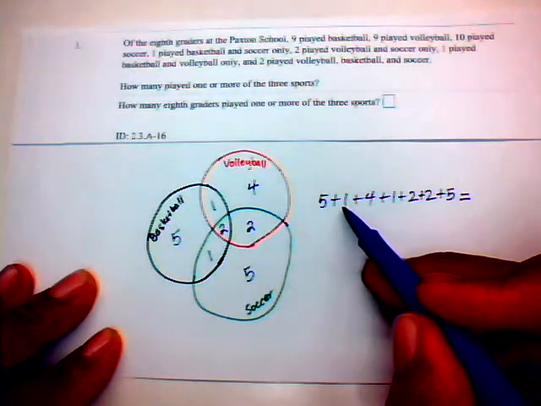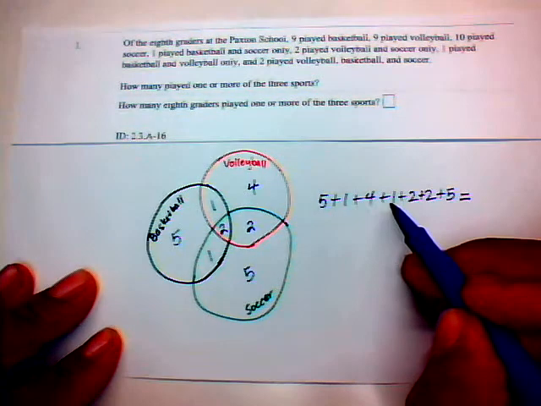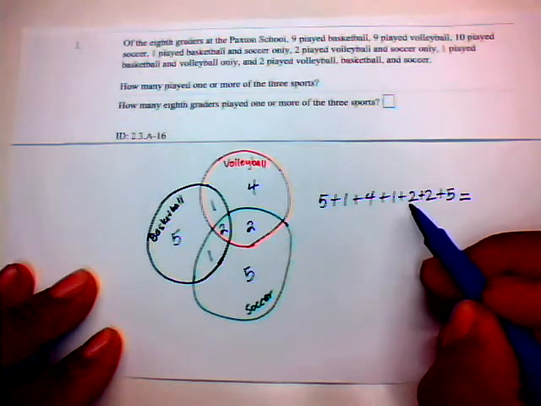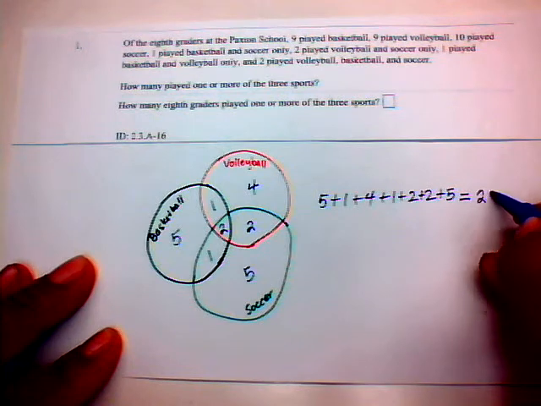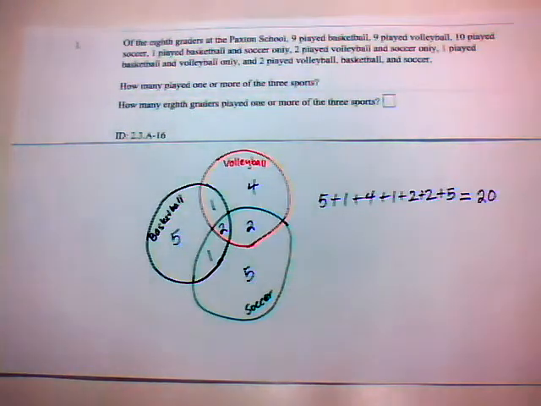Well, 5 plus 1 is 6, plus 4 is 10, plus 1 is 11, plus 2 is 13, plus 2 is 15, plus 5 is 20. So 20 graders played one or more of these three sports: basketball, volleyball, and soccer. Okay. So this is how you will complete a Venn diagram.